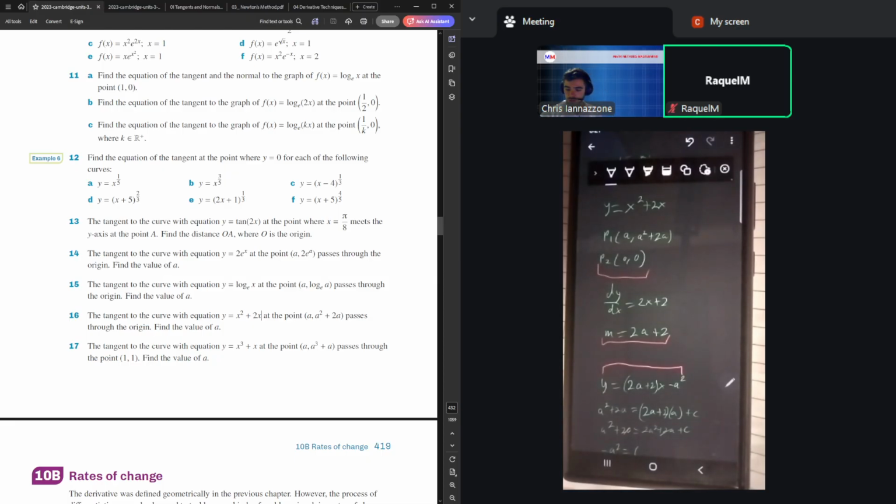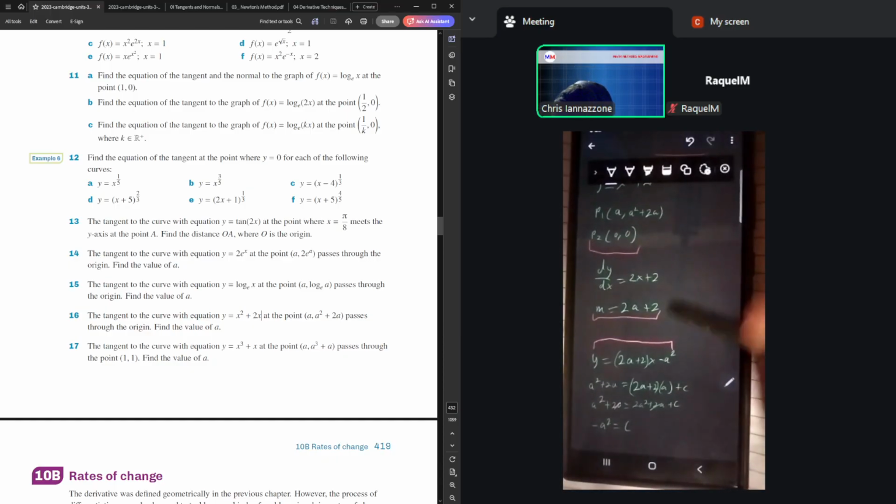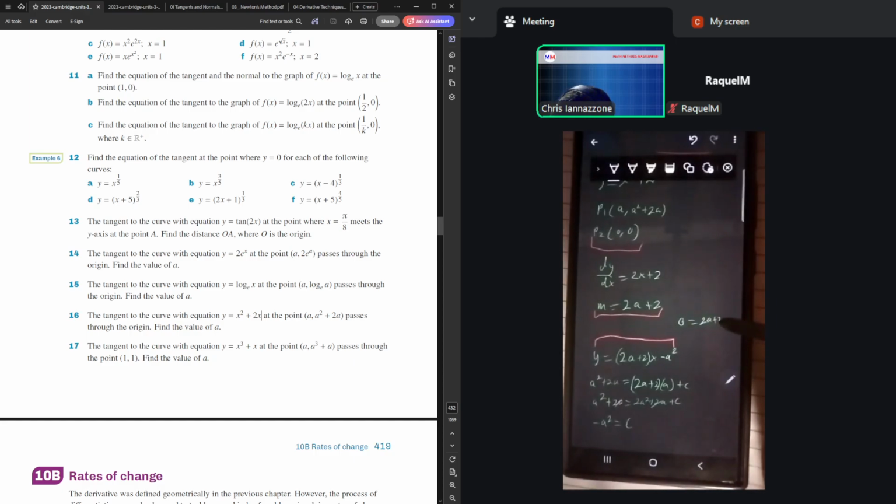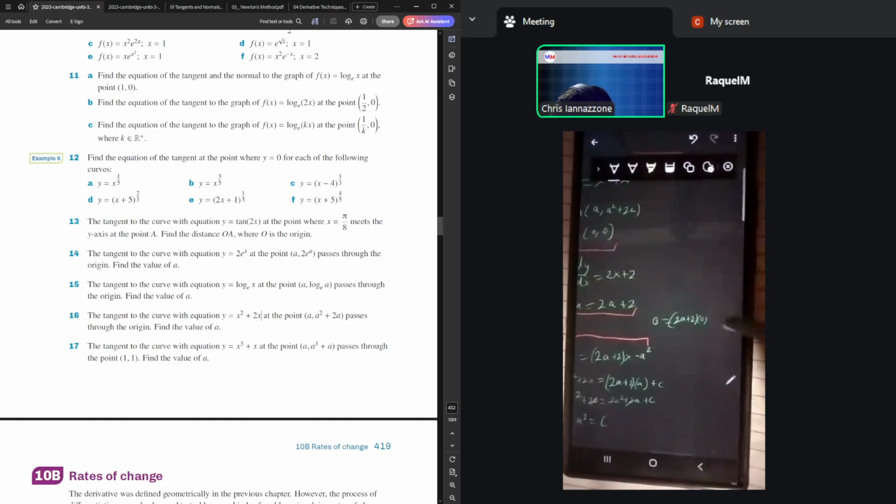That's okay. So this point P2 here being 0, 0, the origin, is a point that's supposed to exist on our tangent line. Having gone through the procedure of getting the generic tangent line, we can just sub in that point, replacing an x and a y. It's a point that should exist on the line, so it should be able to be subbed in. So 0 is equal to 2a plus 2 times x, where x is also 0, plus our c, so minus a squared.